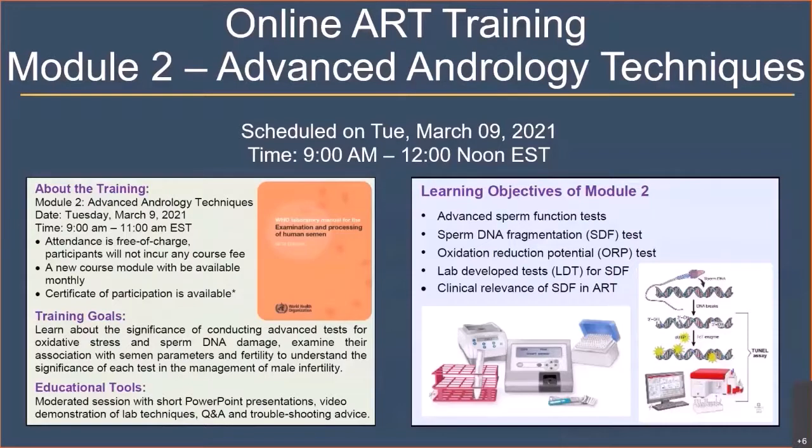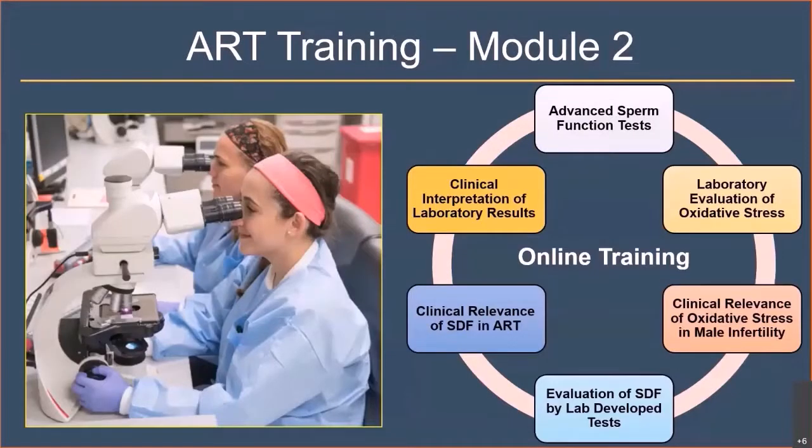We'll also cover tests for oxidative stress such as oxidation reduction potential test. Then we are going to talk about the lab developed test for sperm DNA fragmentation, and then cover the clinical relevance of sperm DNA fragmentation in human assisted reproduction. And lastly, there will be a talk by our clinician on the clinical interpretation of everything that we are going to be covering here.